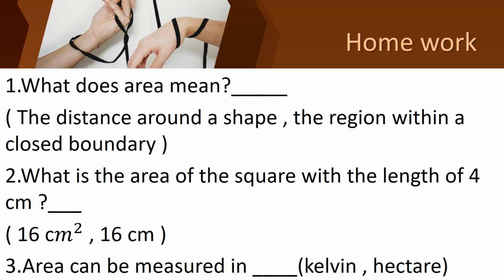The second one, what is the area of the square with the length of 4 centimeter? Options are 16 centimeter square and 16 centimeter. And the third one, area can be measured in, options are Kelvin and hectare. Write the questions fast.